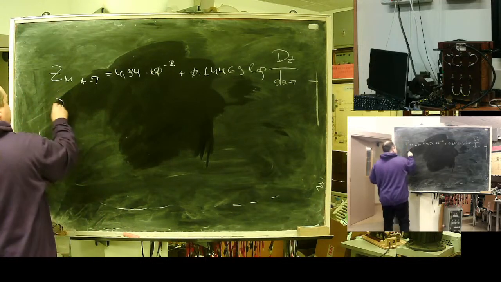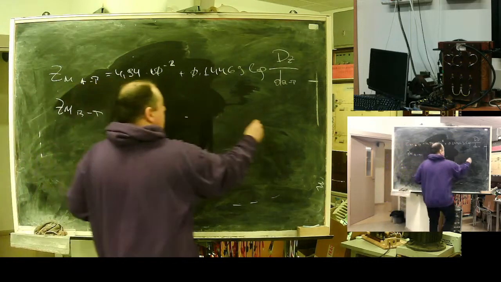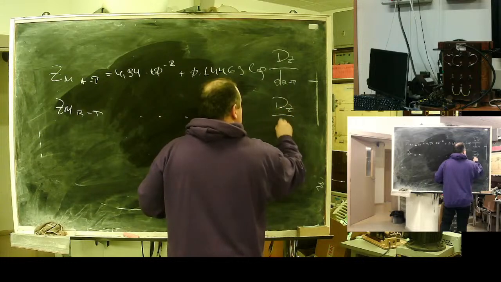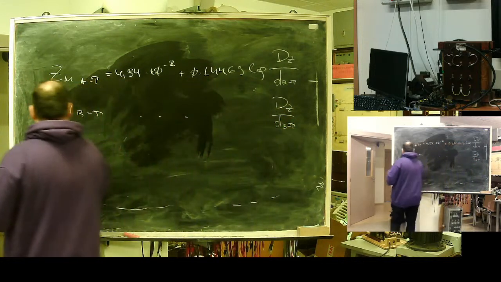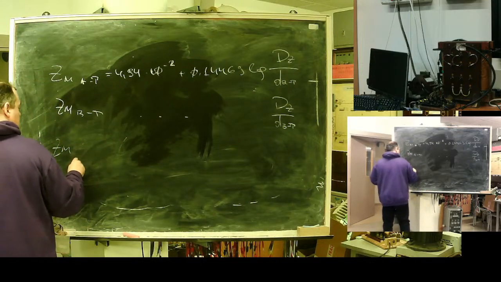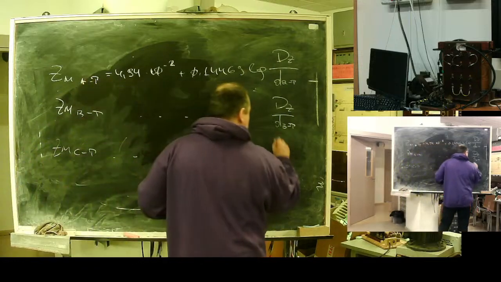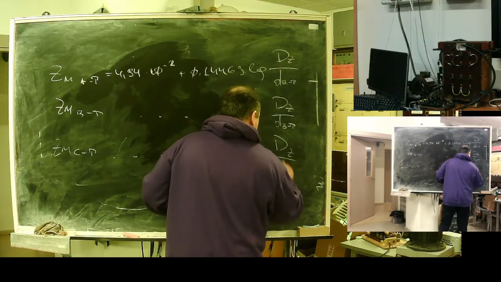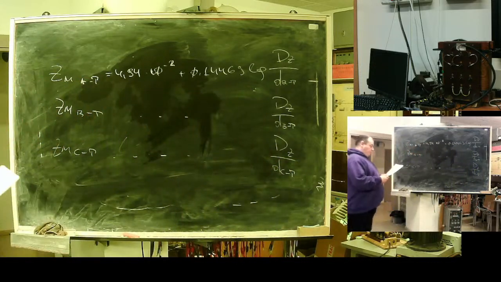The same will be for B, protective ground and metal resistance, and C the same. But it's simple.